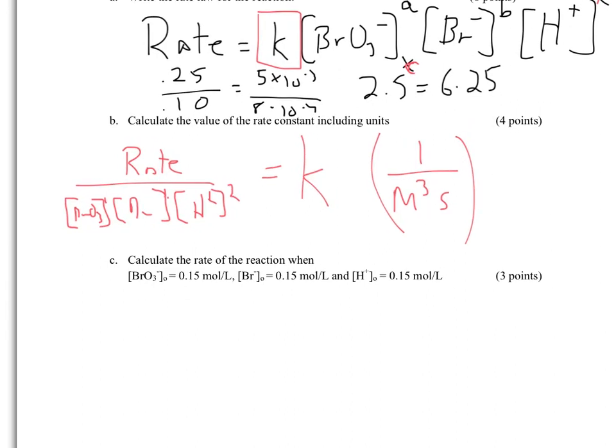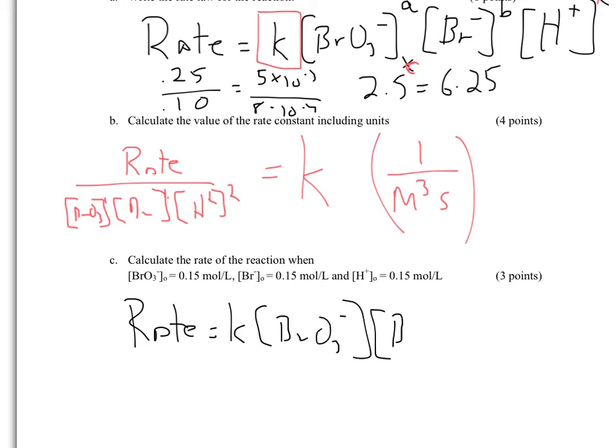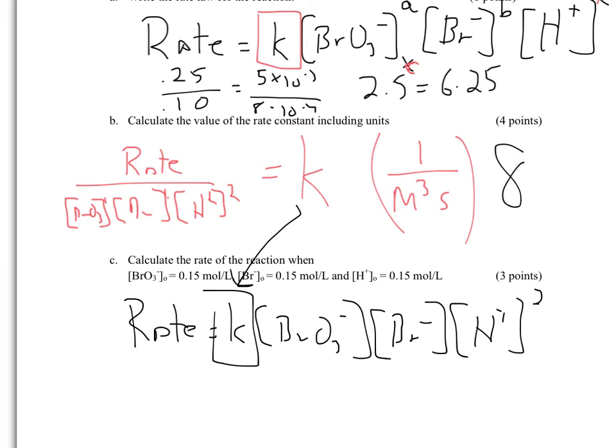Part C then is say, okay, now that you have K and you have a rate law, you can just put in any value for any of those parts and get a new rate. So now that we have an answer here, we can get the rate. And so this number goes into there. This number was 8, by the way.